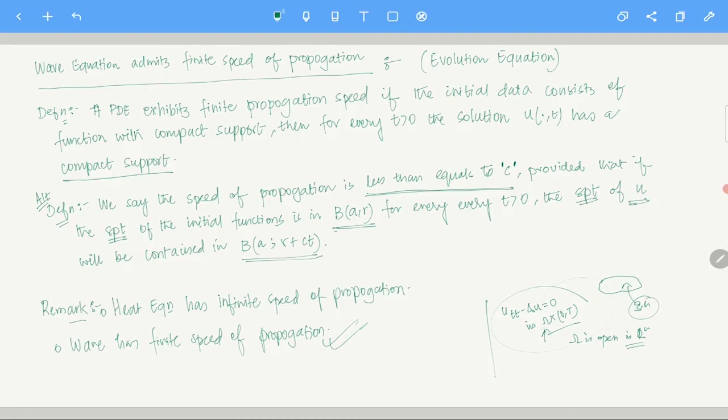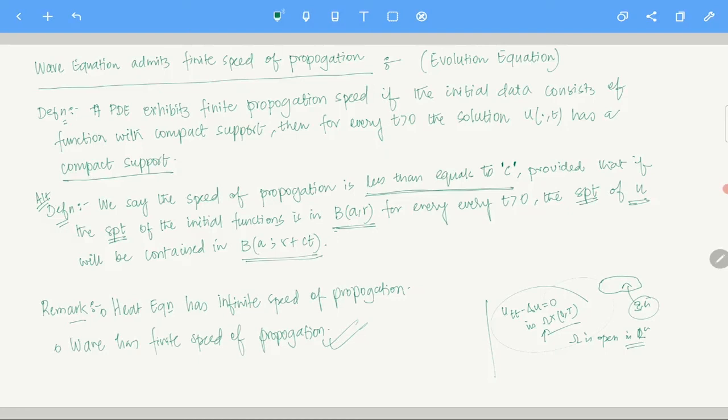In those cases the wave equation can have infinite speed of propagation. That's just a fact for your information, but you don't need to worry about all this. That's not included in this course. That is some research topic.